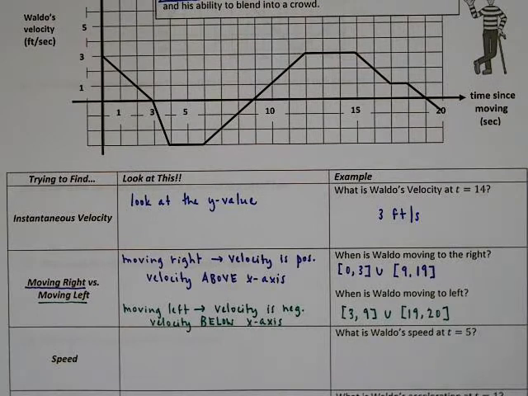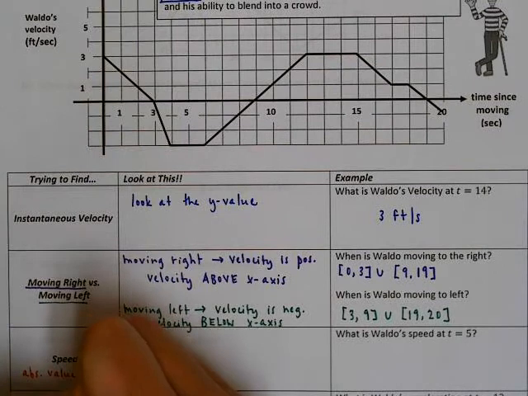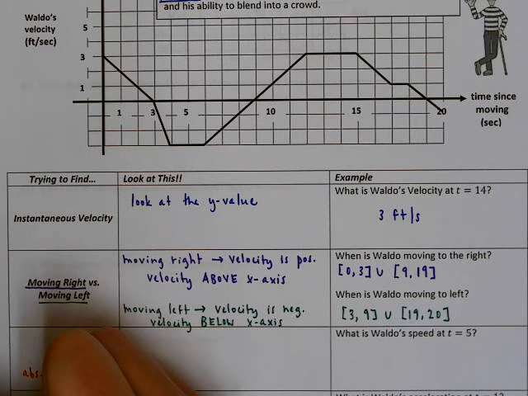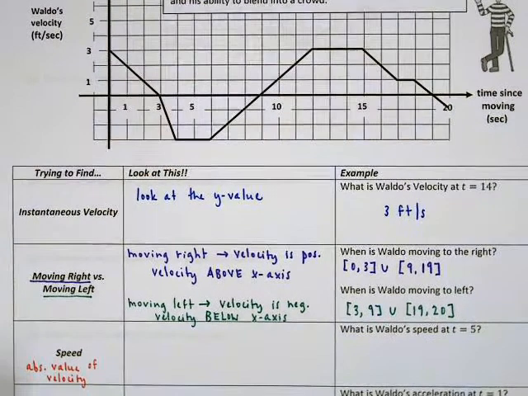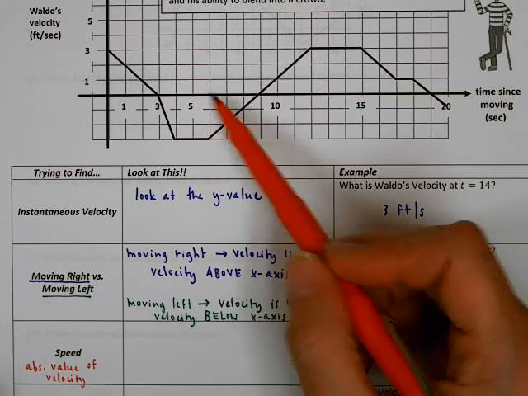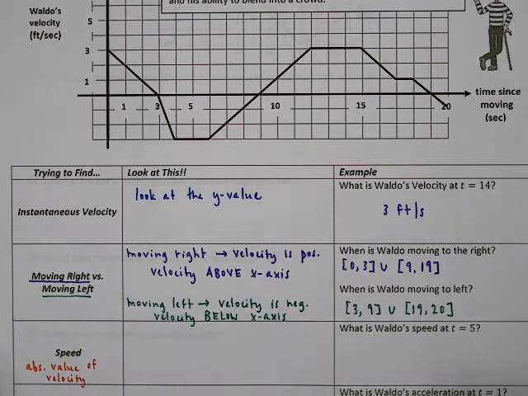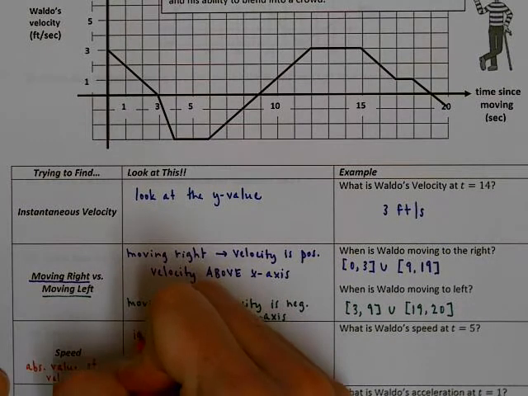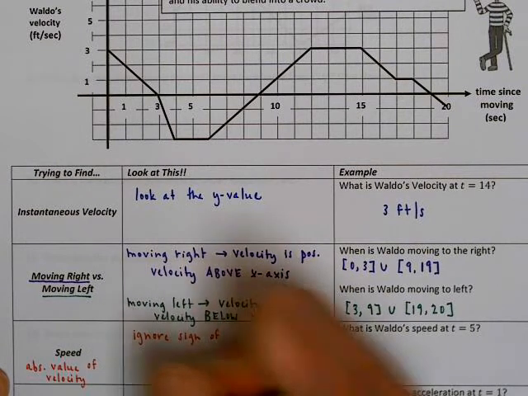All right, so now speed. We know speed is the absolute value of velocity. So if I'm talking about speed, I have to consider any values that were below. I'm going to ignore their sign and just look at the value. So we ignore the sign of velocity.